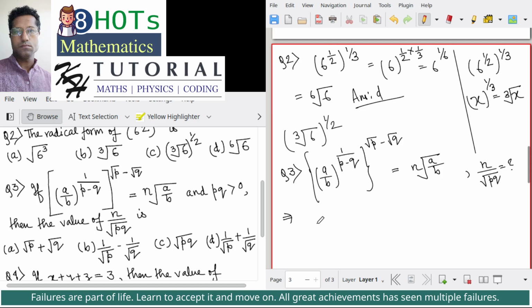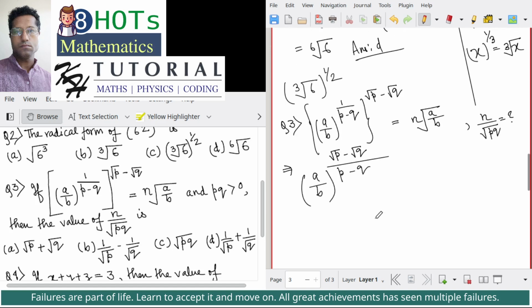If we simplify the LHS, the powers will get multiplied, and we get the LHS is equal to a by b whole raised to the power square root of p minus square root of q divided by p minus q. This is equal to nth root of a by b. Now nth root of a by b is nothing but a by b whole raised to the power 1 by n.